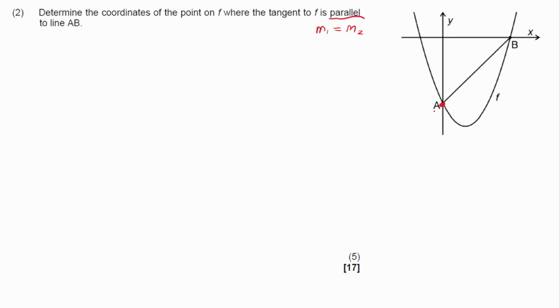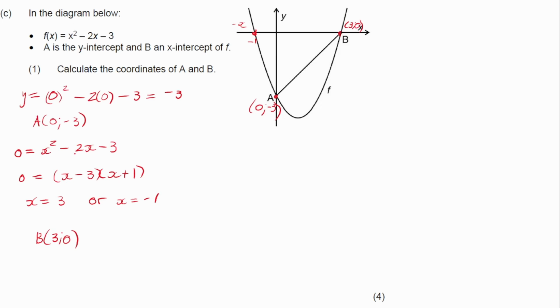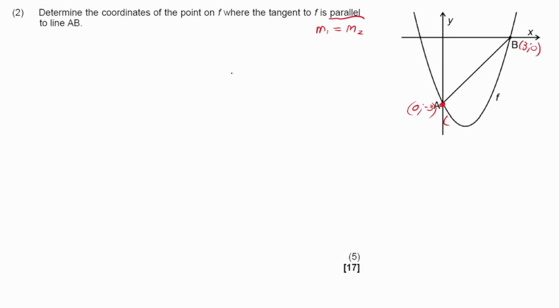So we know that A is the point. I just want to double check. Yeah, okay. I was making sure that I put this as 0 and negative 3. Good. And then B is the point 3, 0. Just confirming if it agrees to what I put there. Good. So I can work out the gradient of AB. I just use this formula.